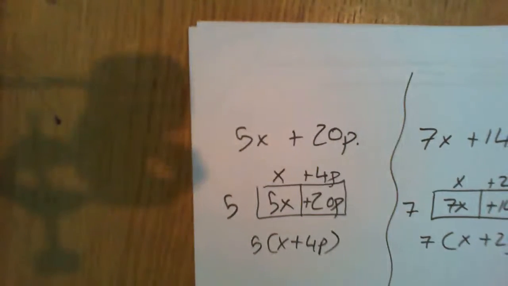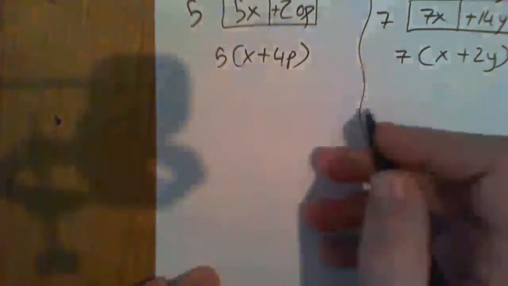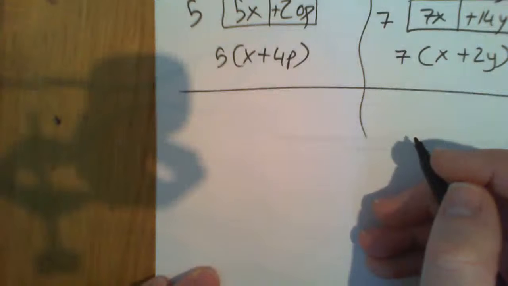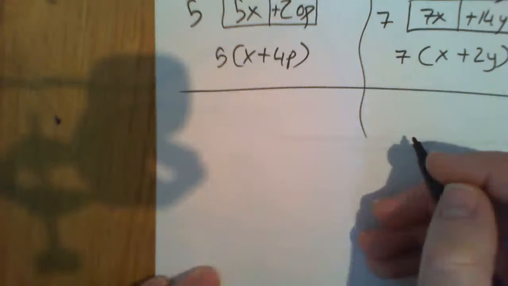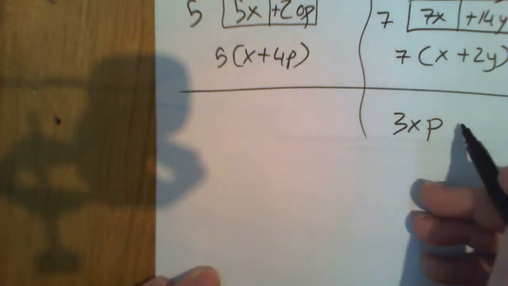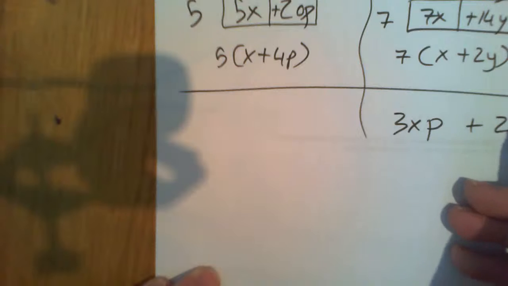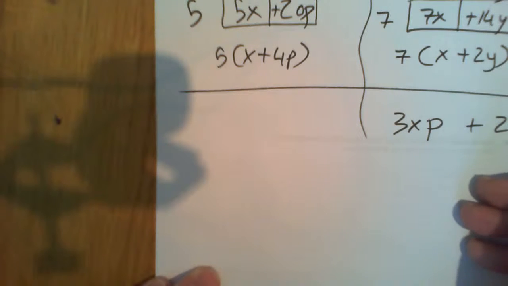Okay, let's try it again. What about this one? 3xp plus 21x squared p.